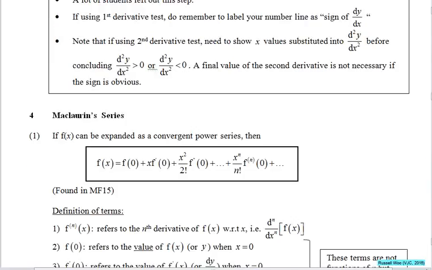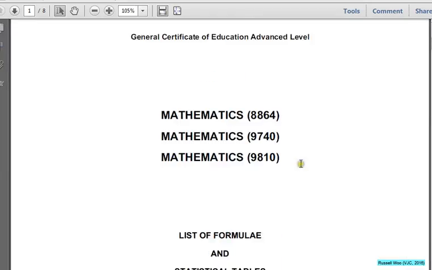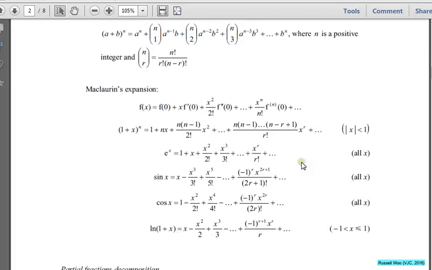Maclaurin series. We must understand the concept. Many of us do it blindly, but never mind. Essentially, what are you trying to do? If I look at our formula list, this is my Maclaurin's expansion. This is the mother expression.